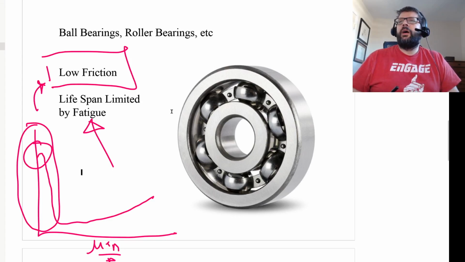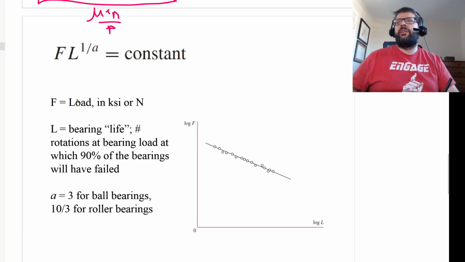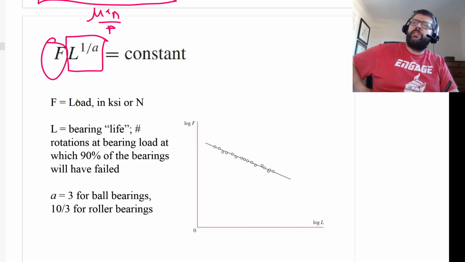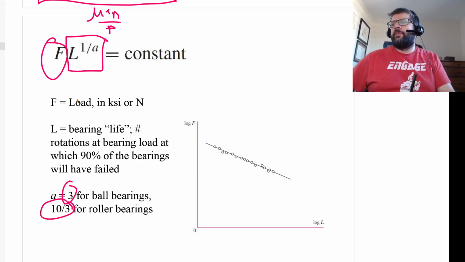The typical way that works is that the load times the lifespan to the power of 1 over alpha, where alpha is typically 3 for ball bearings or 10 over 3 for roller bearings, is equal to some sort of constant.